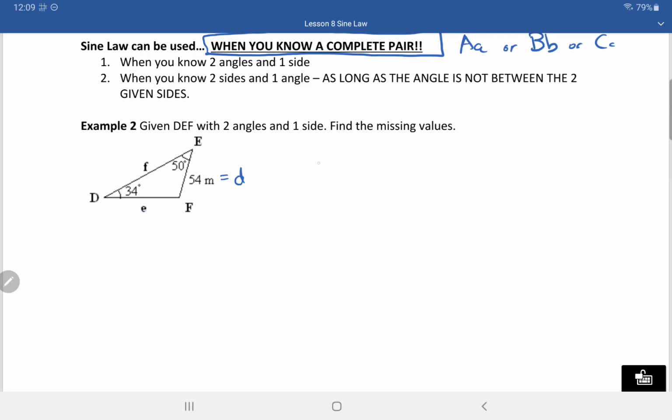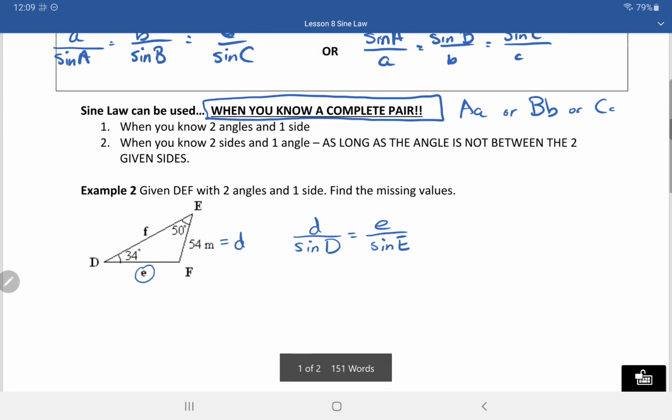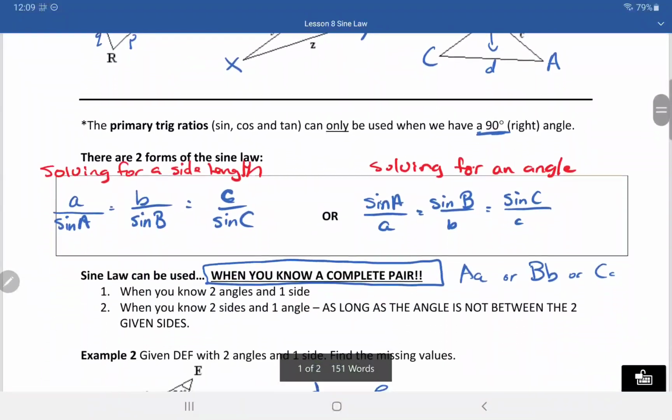So let's do d over the sine of capital D. We're going to pair those two up. That's the formula. And because we know capital E, we're going to do e over the sine of capital E. Now the formula has all three sides of the triangle in it.